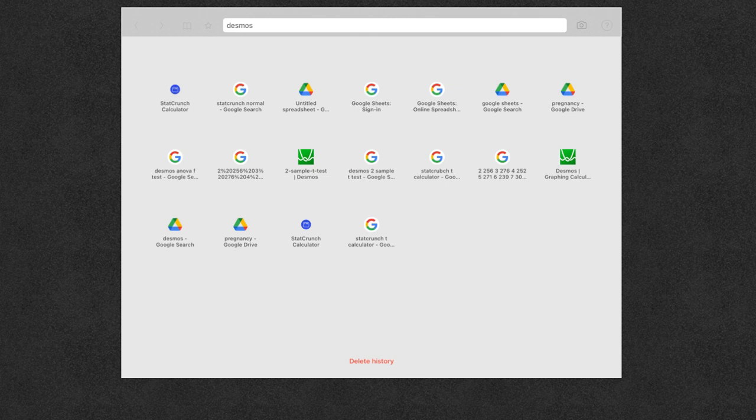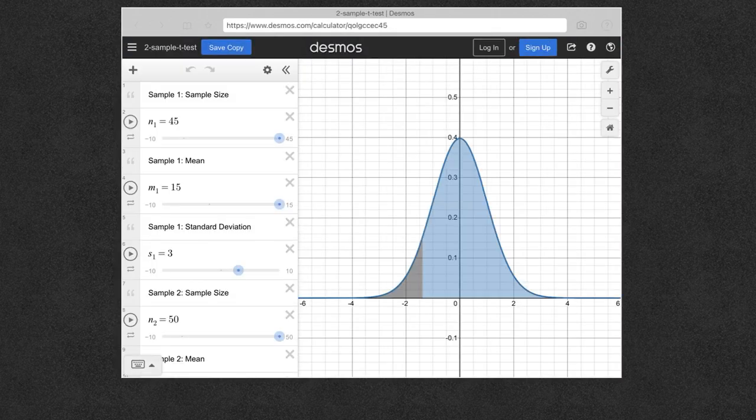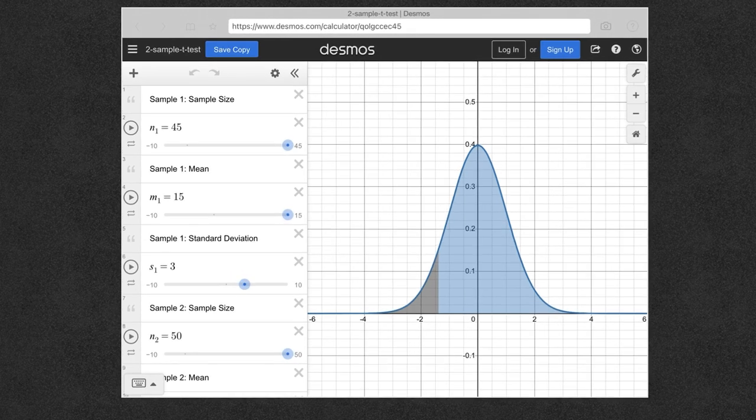Just simply Google Desmos 2 sample t-test, and this is one of the difficult tasks here because we need to know which calculator to use. In this case, if we do not know that we need to use the 2 sample t-test, then we will not be able to look up this calculator. The first result in the search engine is the 2 sample t-test, and this is what we will see.